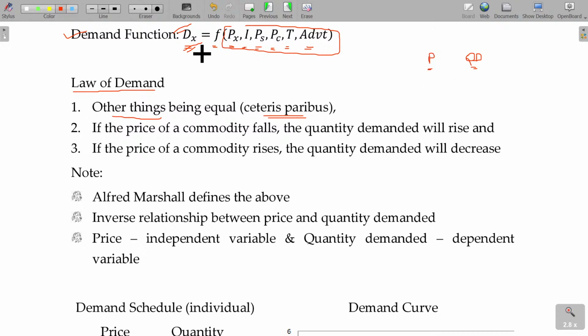Price of the commodity, demand of the commodity X due to the price of the commodity X. I am going to connect only these two.